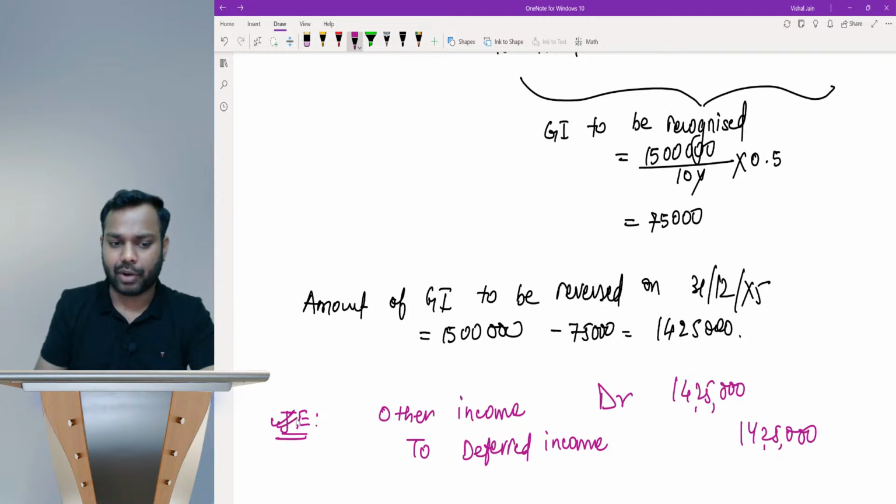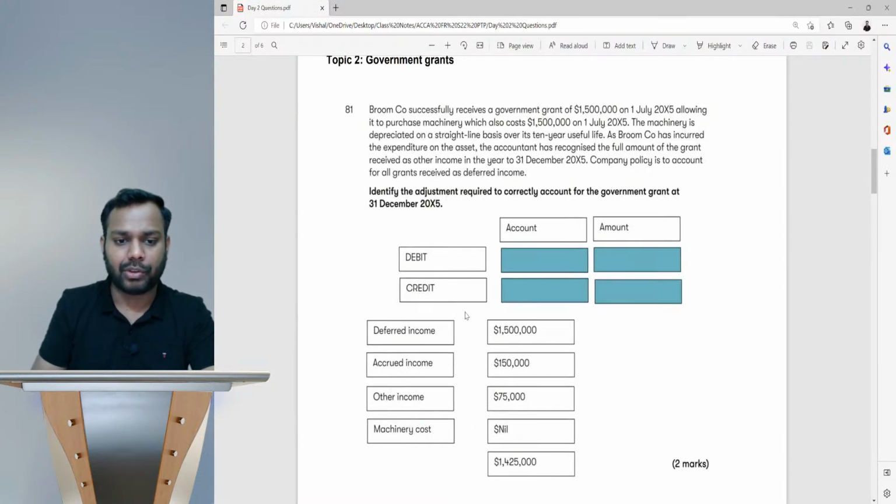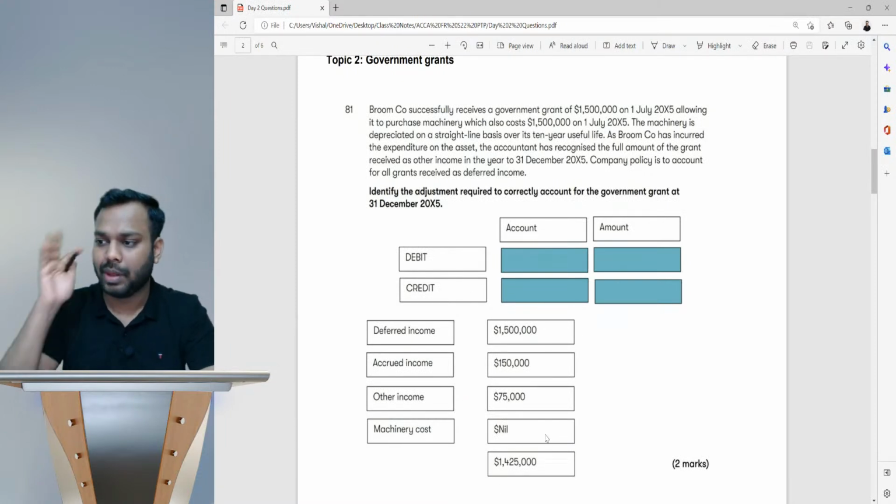So this is the general entry required. Debit will be other income and credit will be deferred income. Amount will be 14,25,000, both the places. Is that clear, everyone?